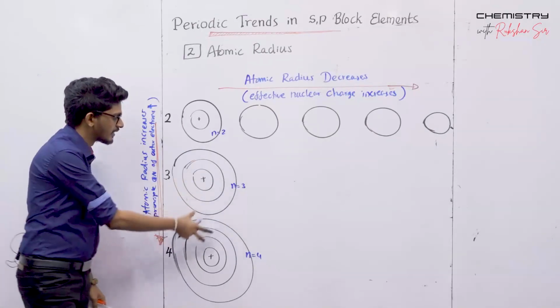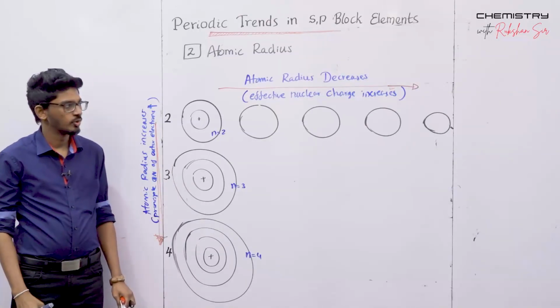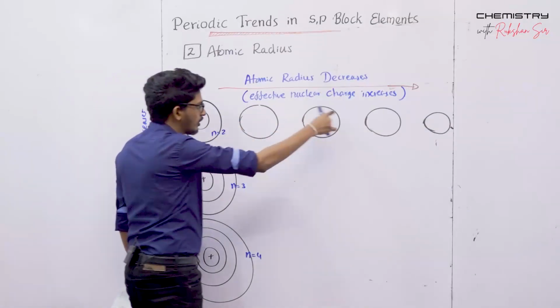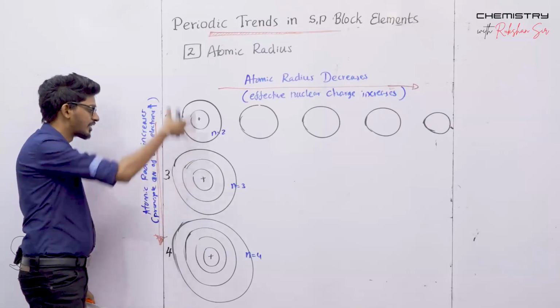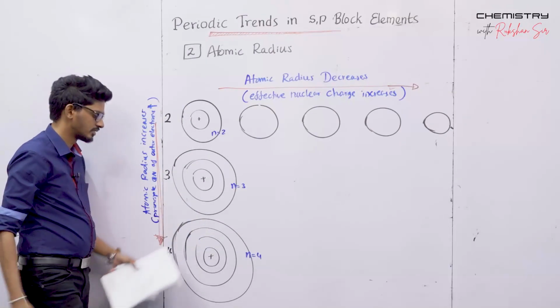That is the reason why the atomic radii increase going down. So those are two trends. Going towards the right, the atomic radii decrease; going down a group, they increase. The reason should be known.